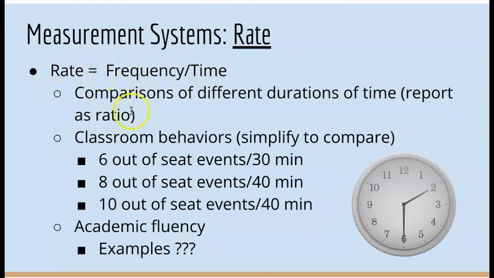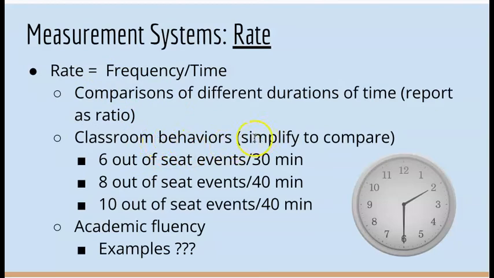Let's say one day you observe the learner for 10 minutes, another day you observe the learner for 30 minutes. If you convert it into rate, you can compare the amount of behavior that happened in 10 minutes as compared to the amount of behavior that occurred in 30 minutes. You have a comparison for the two.